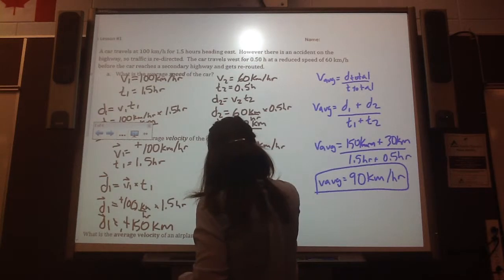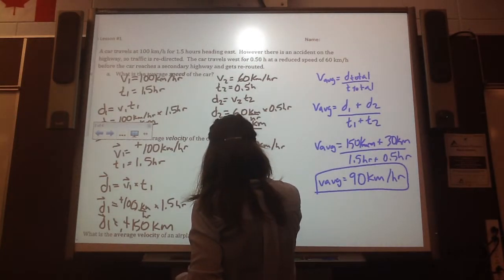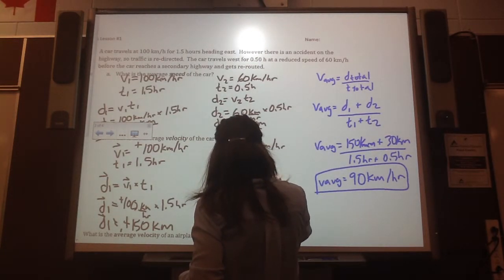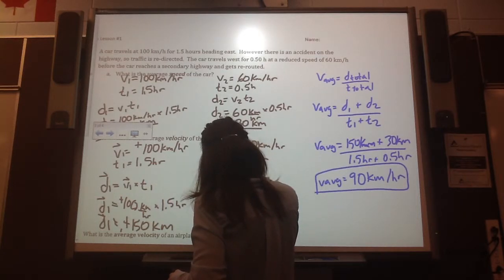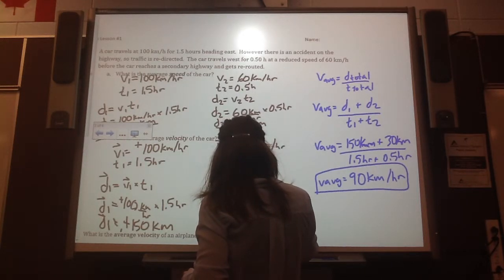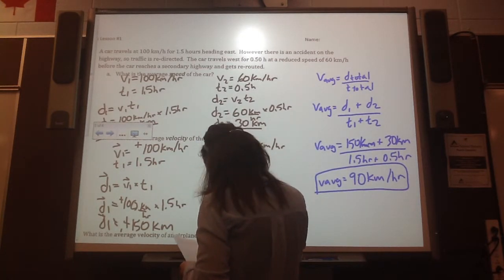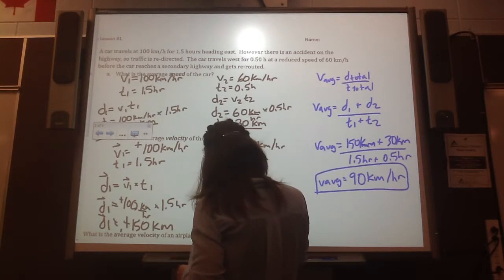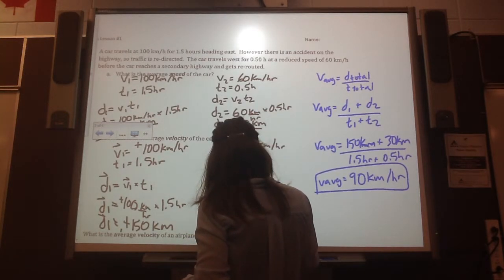Our D2 is equal to velocity 2 times T2. So displacement 2 is equal to negative 60 kilometers an hour times 0.5 hours. So our displacement is equal to negative 30 kilometers.